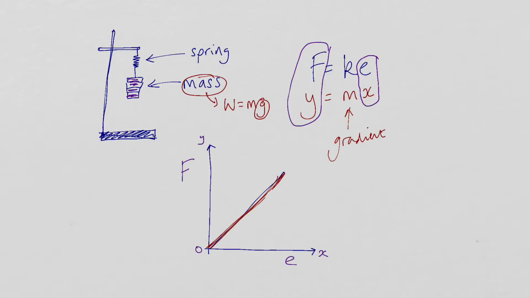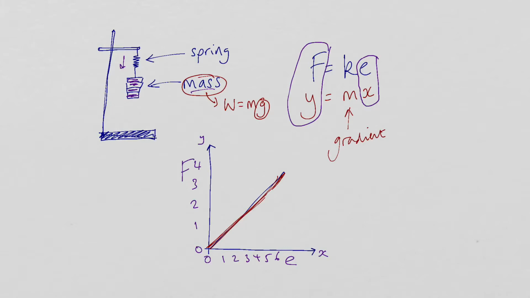So let's put some numbers. And as we've added a mass, well, of course, it's got longer. So along here, we can add some numbers as well. So we've got a corresponding force of 4, and it's moved 6 centimetres or 6 metres.